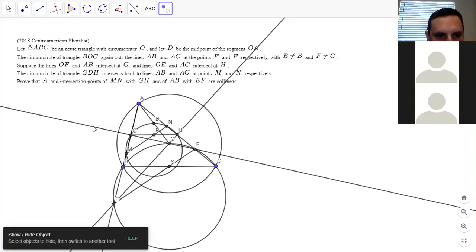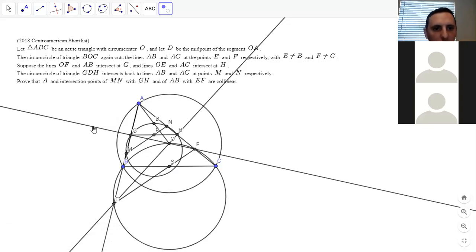So we have, I forgot what these lines were right here. What was I trying to do with this line? It is easy to prove that G and H are the midpoints. Why did I draw this line right here? We just need to prove that OG and OH are perpendicular to AB and AC.